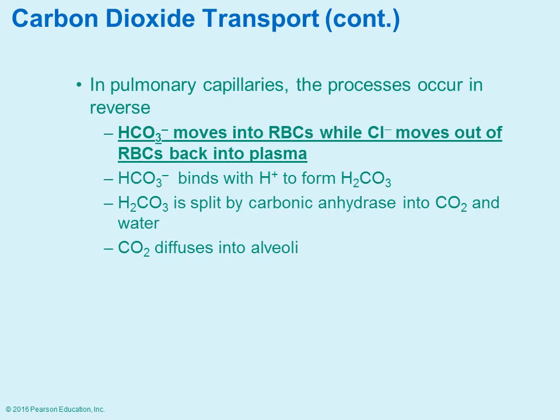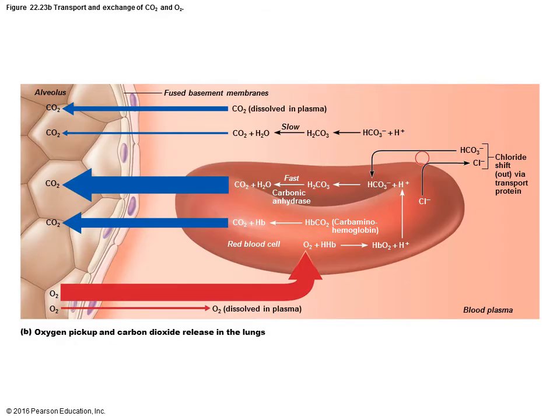In the pulmonary capillaries, the diagram you just saw is reversed. Part of what this is also saying about the bicarbonate ions and carbonic acid is that it's related to the amount of chloride ions that are also moving. This helps to stimulate the movement of the bicarbonate ions.